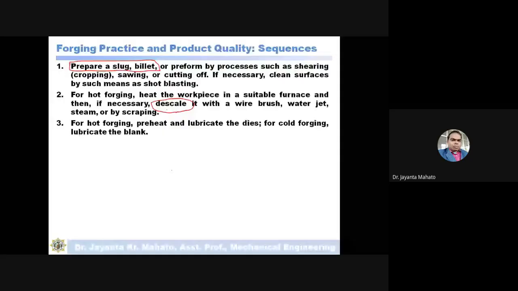Because in case of the hot forging process, you are contacting the die with the hot material. So if there is any dust or water particles, they may create a problem. So preheating of the die is required.